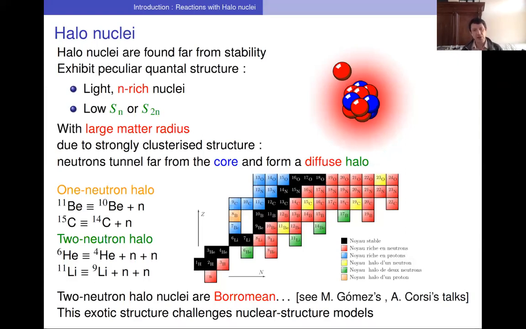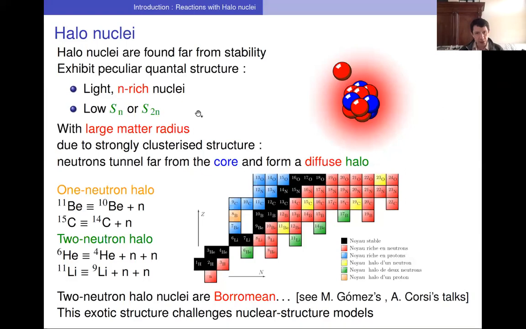They exhibit a much larger radius than the isobars. And this large matter radius is understood as the fact that these neutron-rich nuclei exhibit a low separation energy for 1 or 2 neutrons.